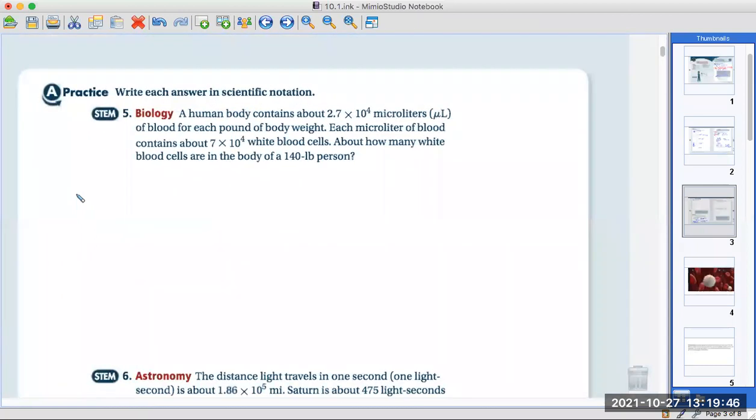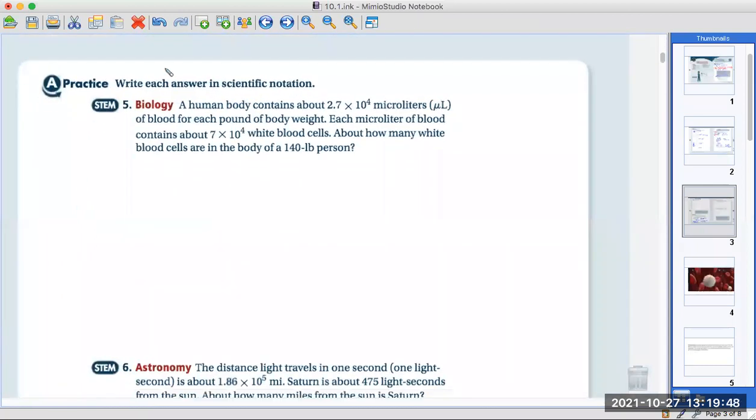Up here, biology. A human body contains about 2.7 times 10 to the power of 4. So that's moving your decimal to the right 4. Microliters, which is, I believe this letter is called mu L. This is short for microliters of blood for each pound of body weight. So I'm going to underline the numbers. I know I'm going to use this one.